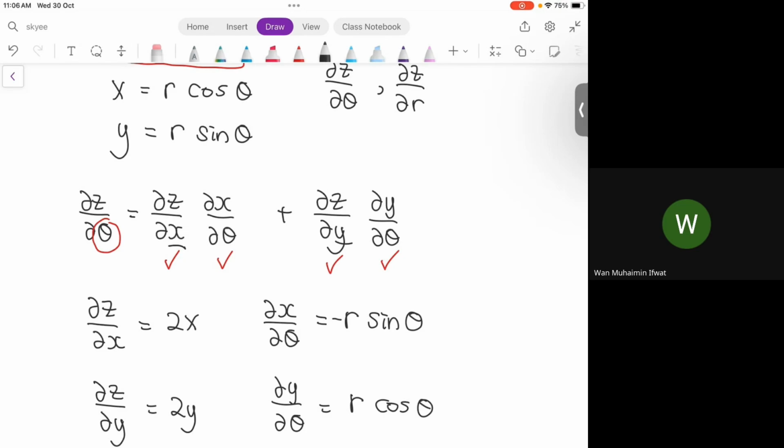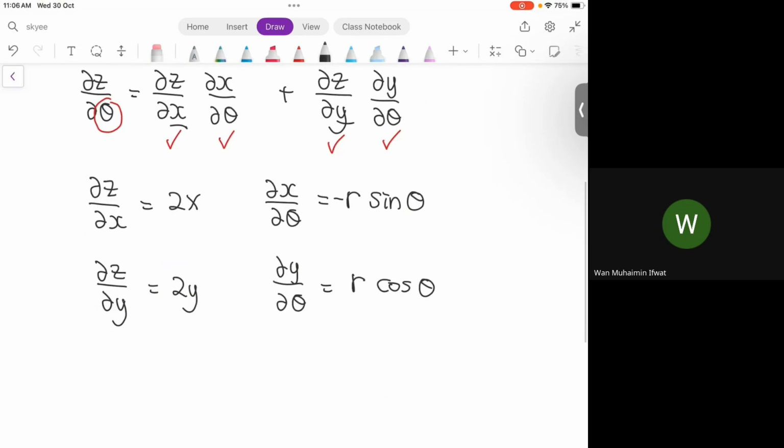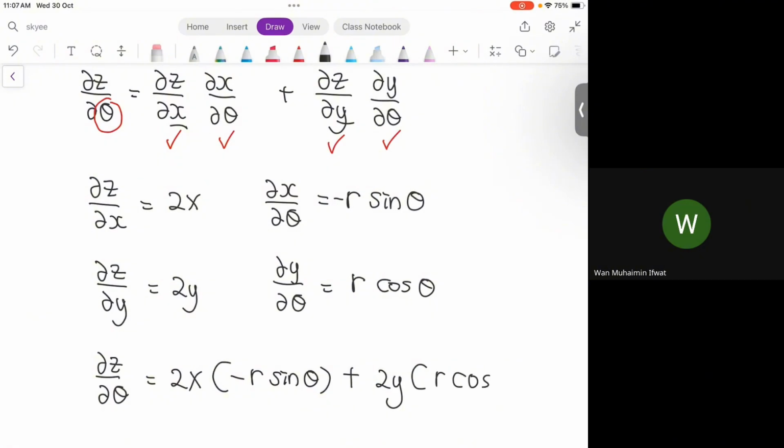Next, we put them into the chain rule equation. Del z del theta will be 2x multiplied by negative r sine theta, plus 2y multiplied by r cos theta.